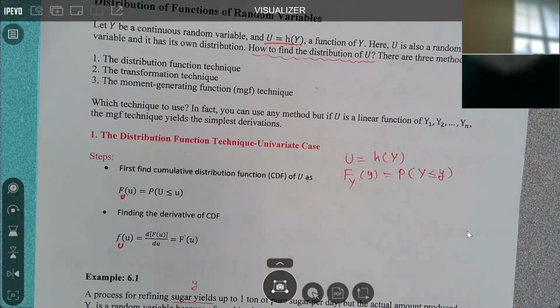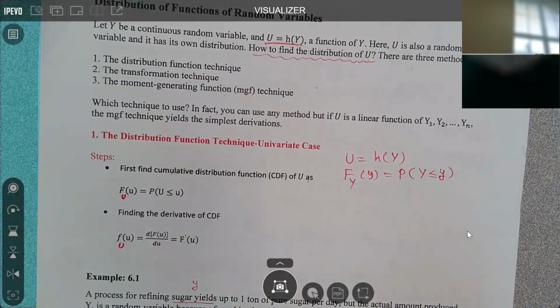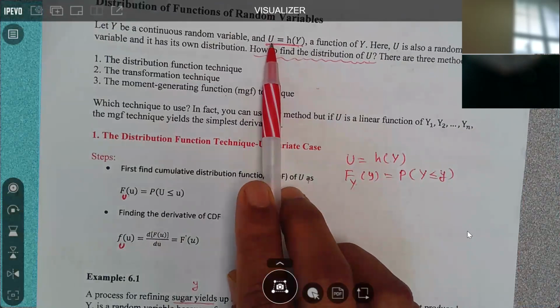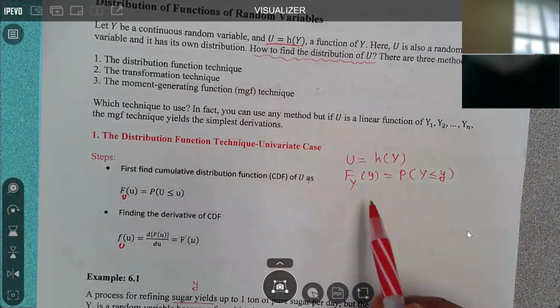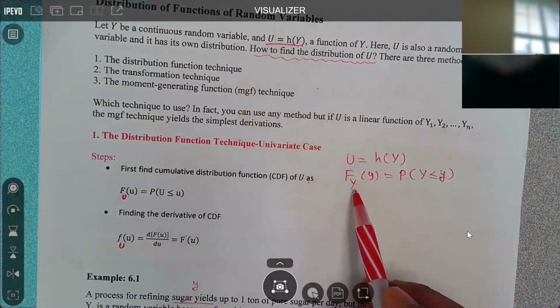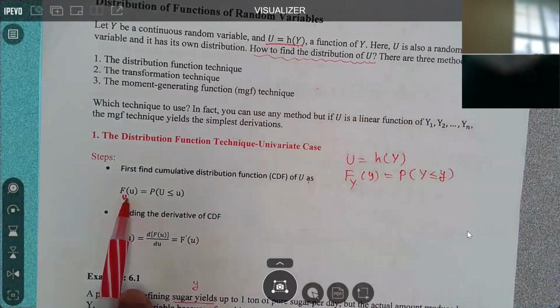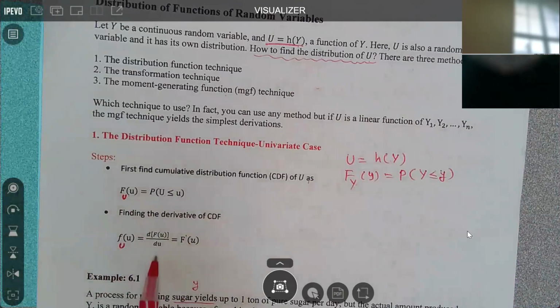So what we want to do here is eventually find the density function of the transformed random variable U. We are given the PDF of the random variable Y, so we can find the CDF, cumulative distribution function, and we want to find the PDF of U. So for the cumulative distribution function of U, we first find this one, and once we find it, we can take the derivative and find the PDF, right?